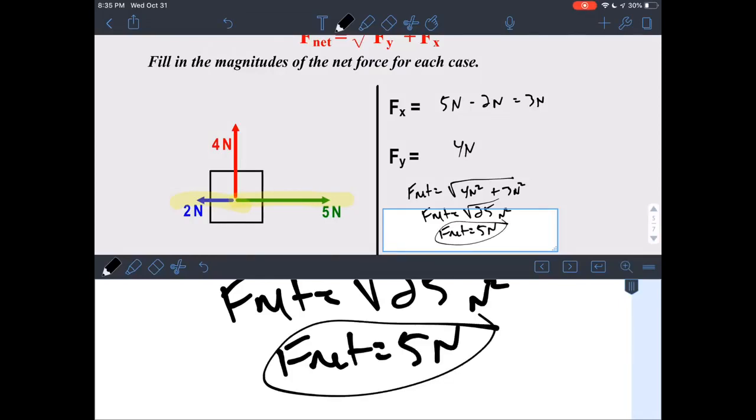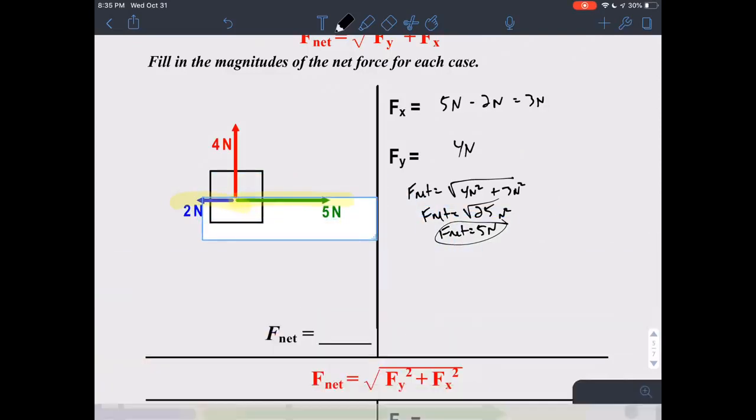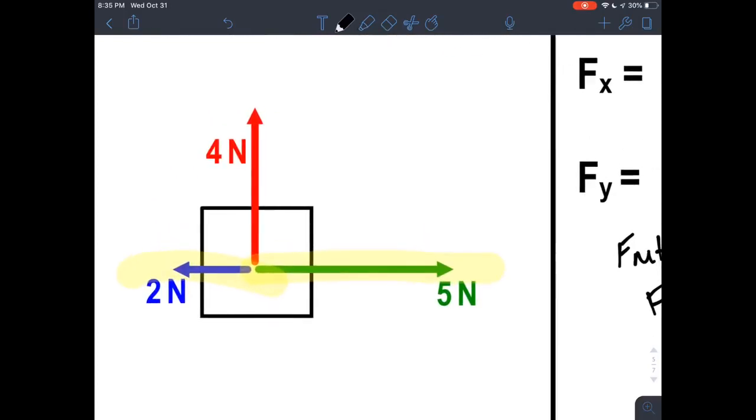And in this case, because of how we have our overall horizontal force being to the right and our vertical force being up, our F net is going to be roughly 5 newtons up and to the right. Okay, so let's keep going here.